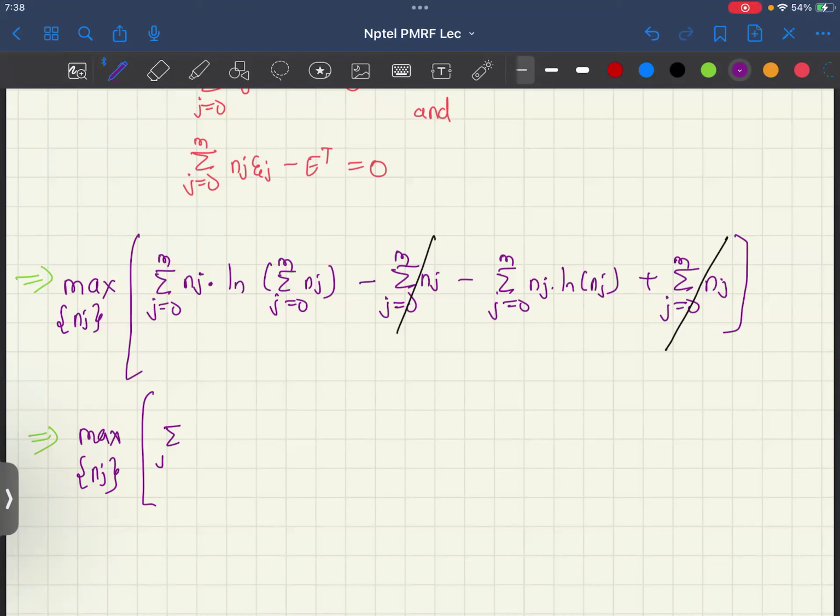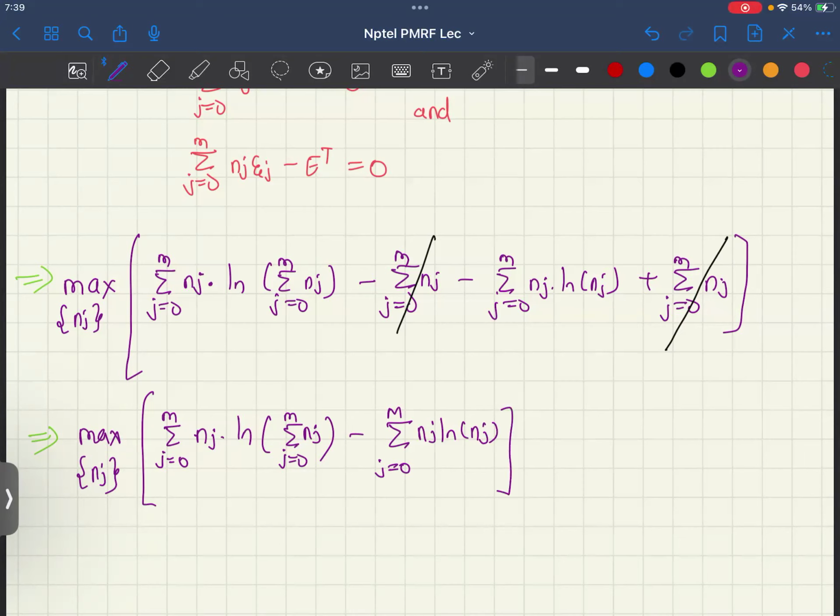Summation of j equals 0 to m of nj into ln of summation j equals 0 to m of nj, minus summation j equals 0 to m of nj ln nj, right?